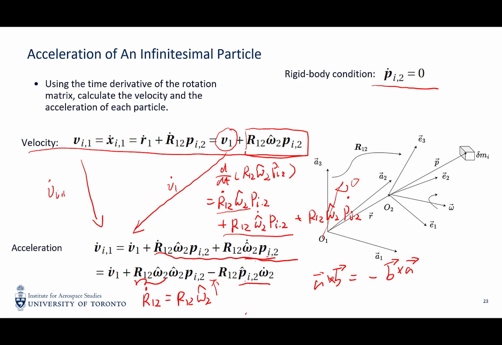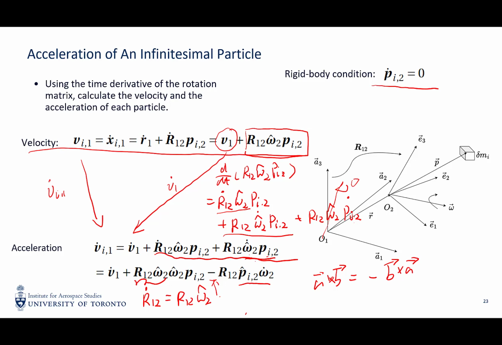Now we do the cross product of pi2 and omega 2 dot. Because we swap the order of the cross product, we need to add a negative sign here. Okay, so that's the acceleration of a point mass on a rigid body.